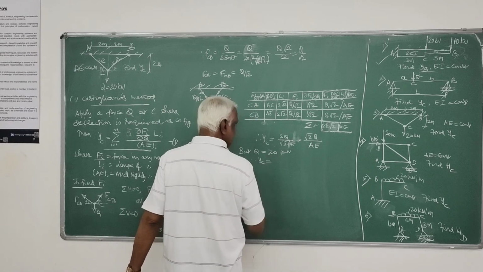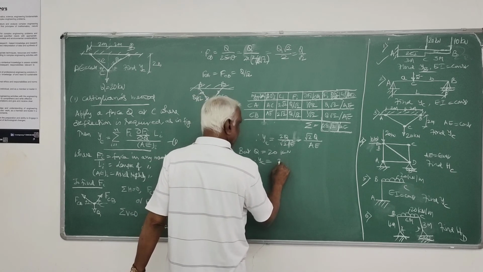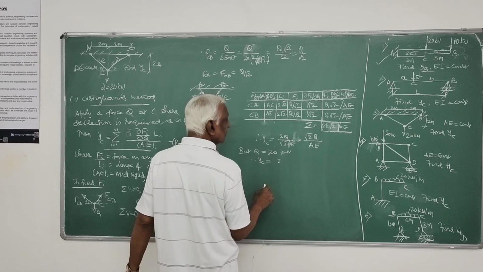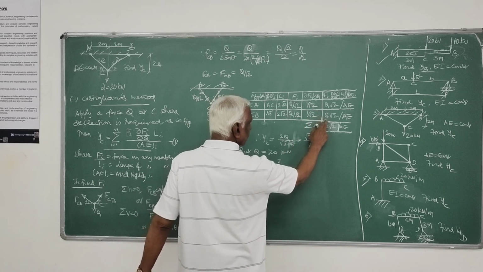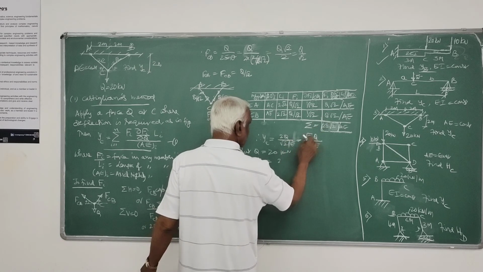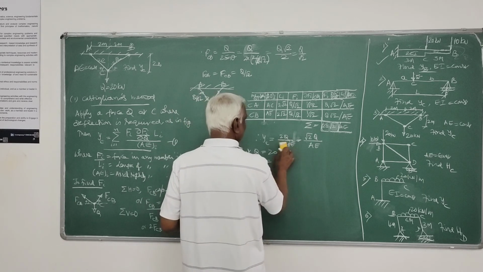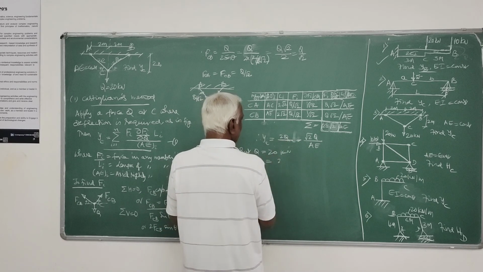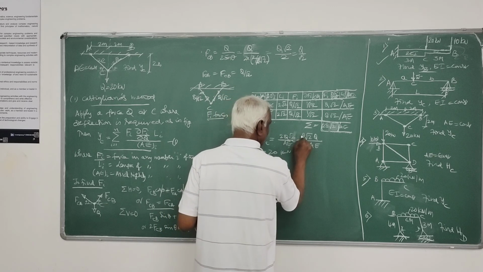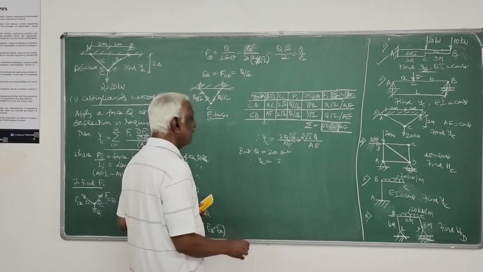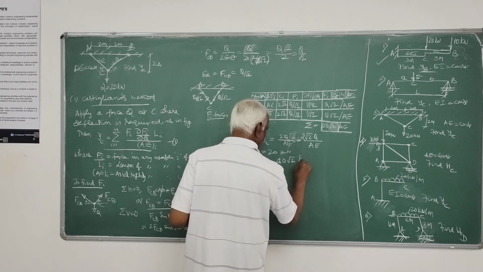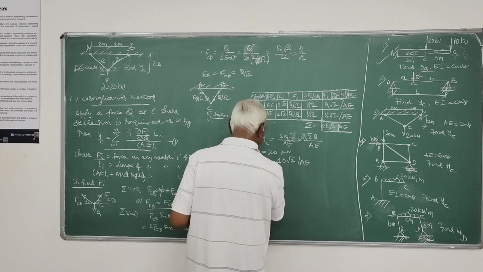Therefore, YC is equal to root 2 into 20. This is 2Q root 2, root 2, divided by AE. Here 2 root 2Q divided by AE, with Q equals 20. Therefore, it is 40 root 2 divided by AE.